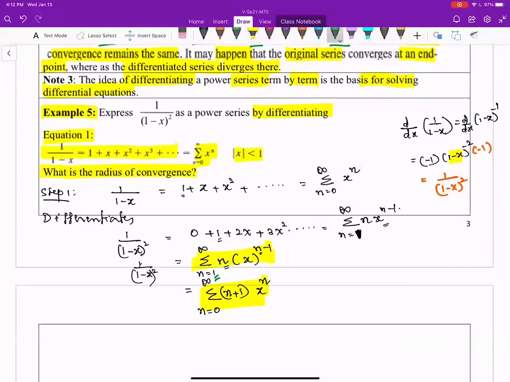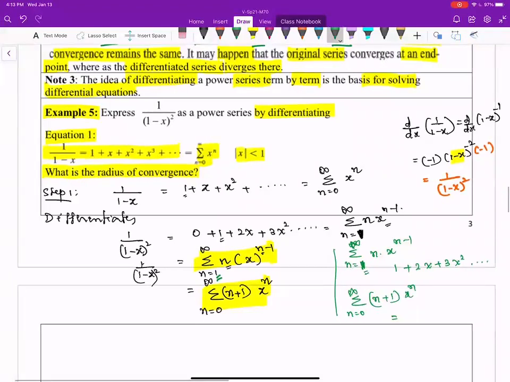The best way to make sure that what you're doing is right: if you choose n from 1 through infinity, the very first one, n x to the n minus 1, you give successive values for n. So it will be 1 times x to the power 0, then 2 times x, then 3 times x squared, etc. If you do n varying from 0 through infinity, (n plus 1) times x to the n, you're going to get the same thing.